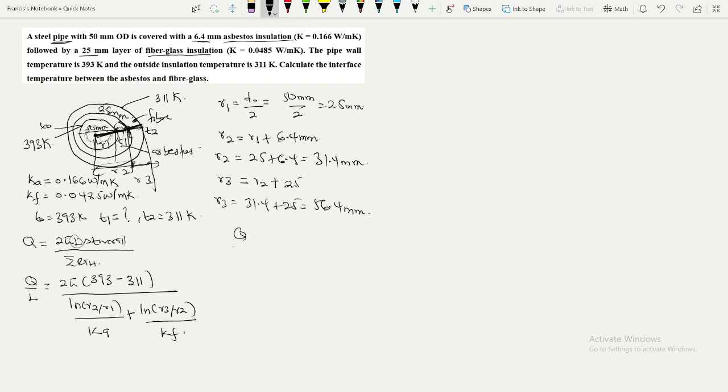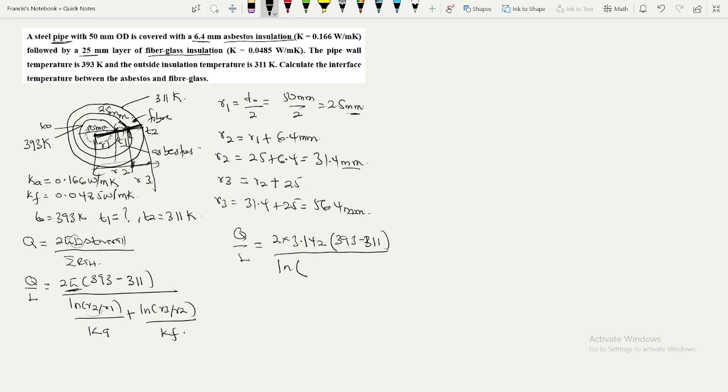So now our Q per unit length will be 2 times 3.142, which is our pi, multiplying 393 minus 311, all over ln... We should have converted the millimeters into meters, but because we are finding the ratio of radii, we don't need to convert, they will cancel out.